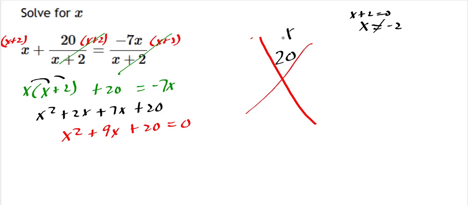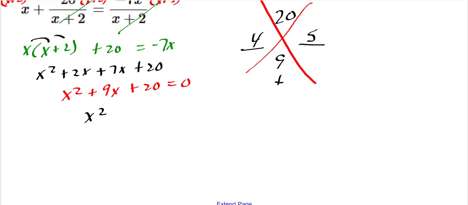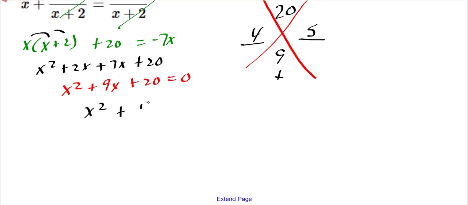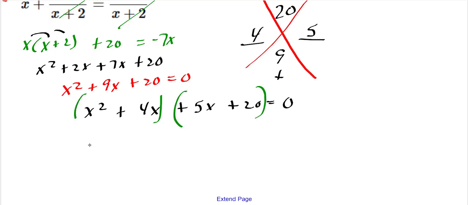Now, we can do our x. So it's 20 up top, finding things that multiply to give you 20, but add together to get you 9. We should know that's 4 and 5. So we're going to do grouping. X squared plus 4x plus 5x plus 20 equals 0. Okay? So we've got x, some plus x.